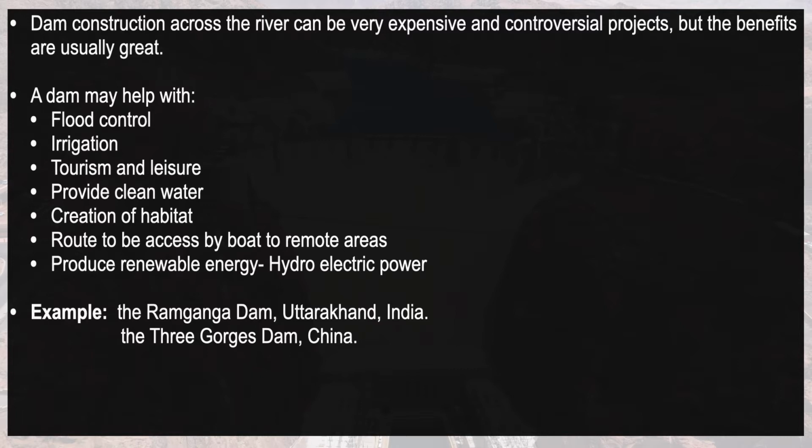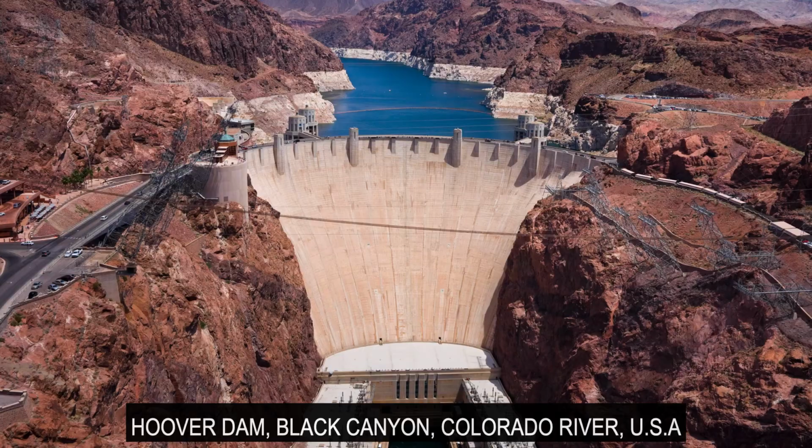What does it mean that a dam can control a flood? If you look at the image, this is the Hoover Dam in the Black Canyon, Colorado River, United States. They build a deep wall in the river, and the water behind the dam we call the reservoir.